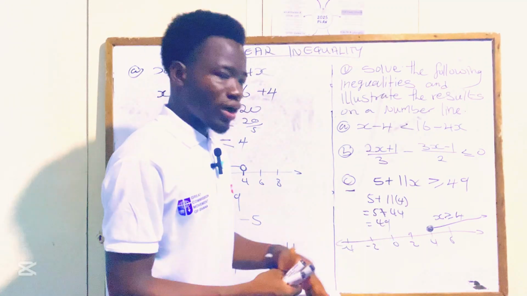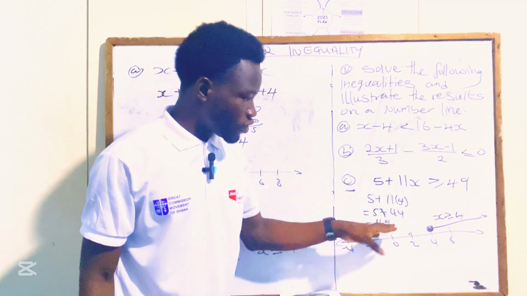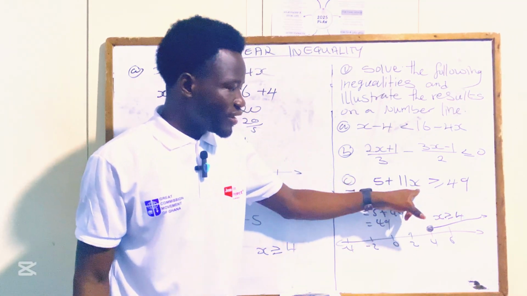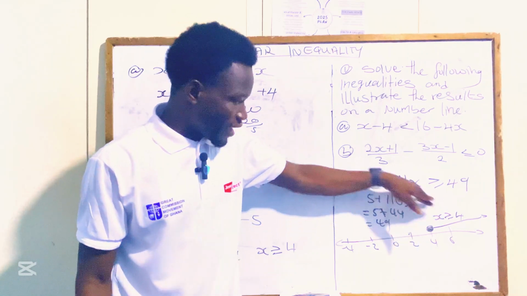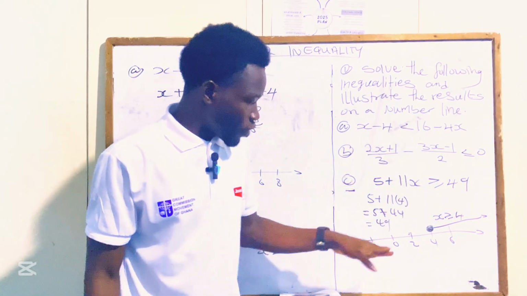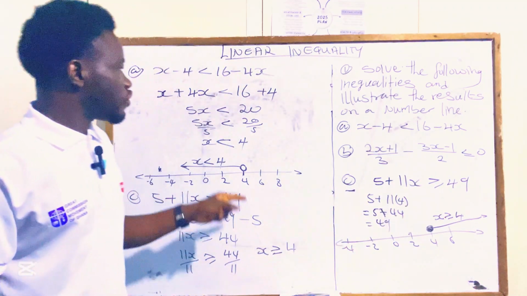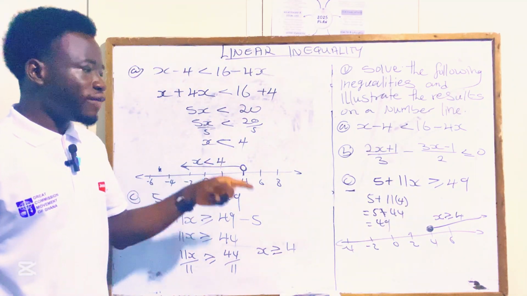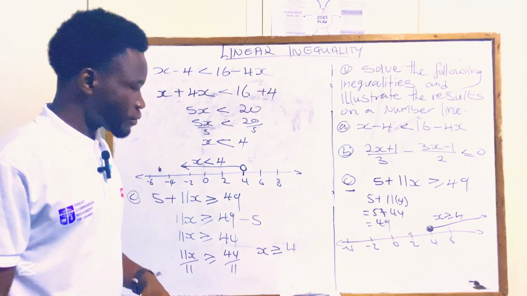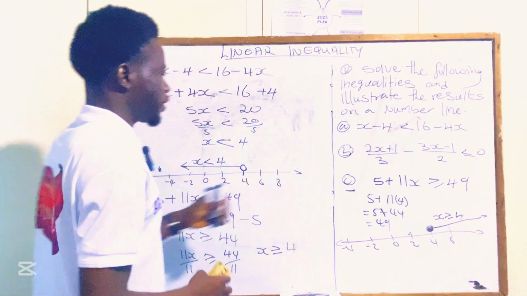And that proves to us that x is true, because this side is equal to this side. And the inequality is saying that this side is either greater than or equal to 49. So once I get the 49, then it proves that it's correct. But if it were to be the other one, that value will not be had. Alright? So let's deal with the B part of the question.